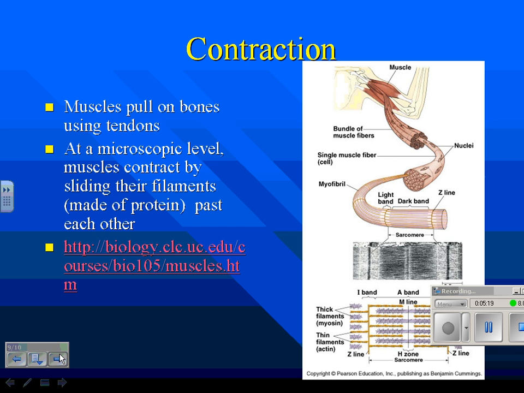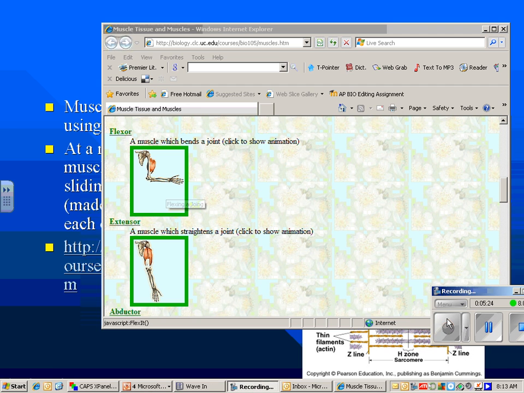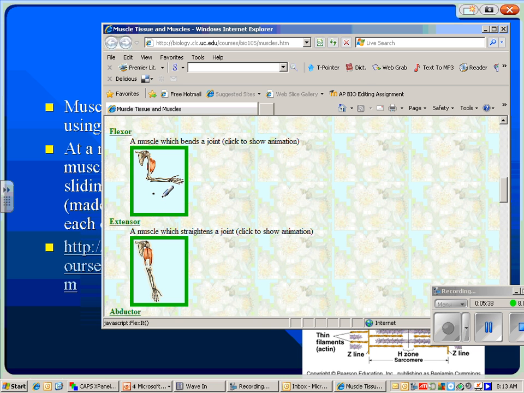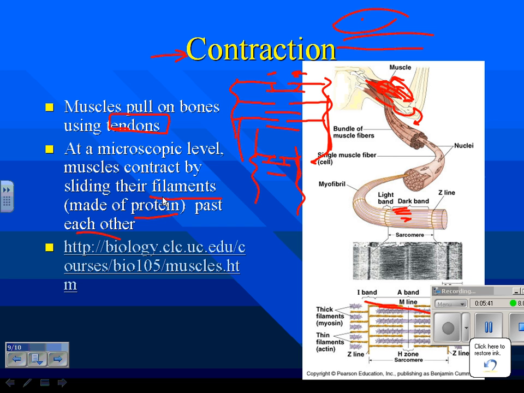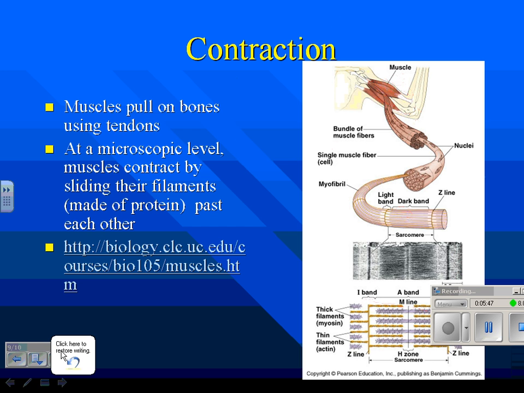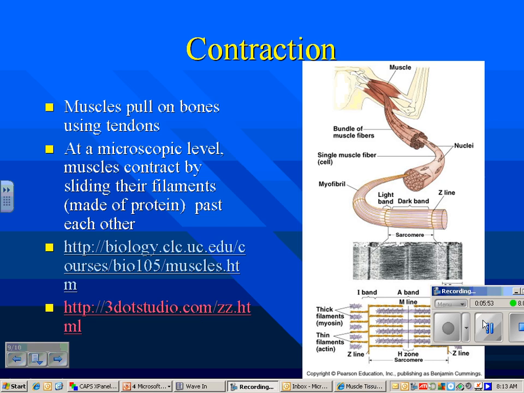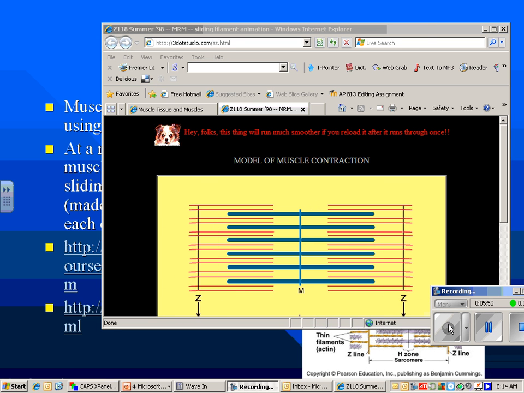Let's take a look at this animation a minute. So we have an animation here of a muscle on the top of a joint contracting. Okay, and as the biceps here contracts, it pulls the bone up. The second animation shows what happens inside of a muscle.